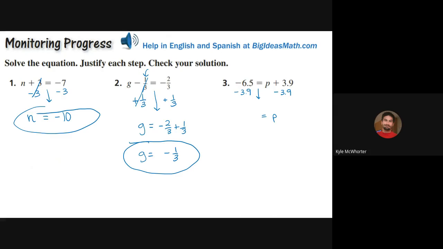So -6.5 -3.9, they're both negatives, so we just add them together and keep the negative. 5 plus 9 is 14, carry the 1, and then that'll be 10, so -10.4. You could leave it like this, -10.4 equals P. If you feel like switching it, you can do P equals -10.4. They mean the same thing.